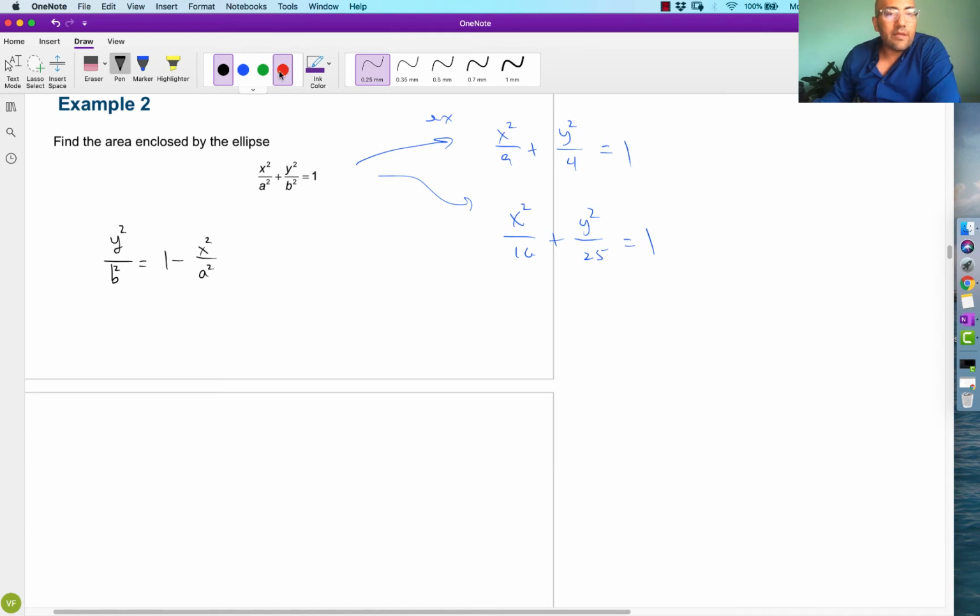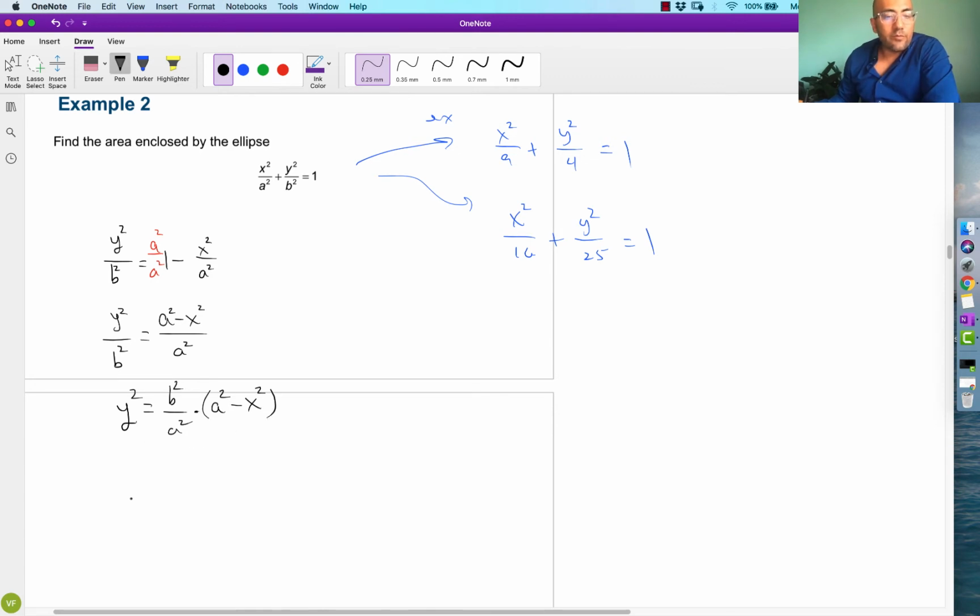Getting a common denominator of a squared, we end up with a squared minus x squared all over a squared equals y squared over b squared. Good. So if I multiply both sides by b squared, I end up with y squared equals b squared over a squared times a squared minus x squared.